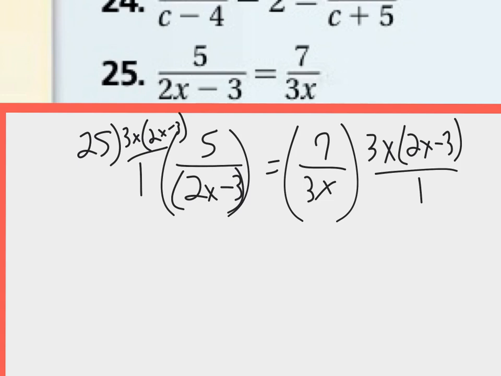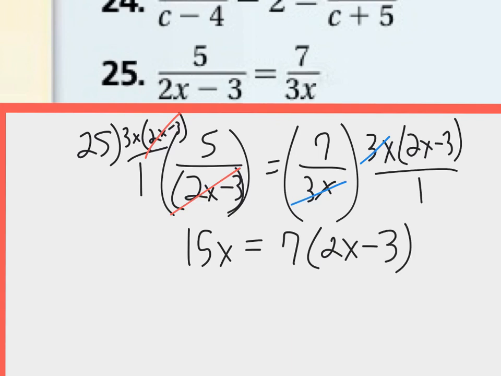Over on the left side, we only have one fraction, so we can cancel out 2x minus 3's. So we've got 3x times 5, which would be 15x. On the other side, we could cancel out the 3x's, and we'd be left with 7 times the quantity 2x minus 3.